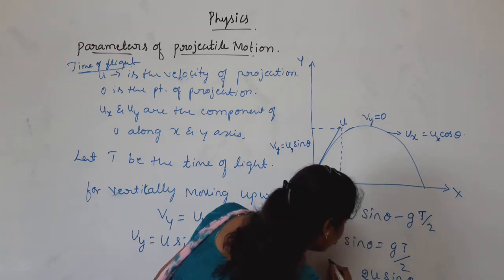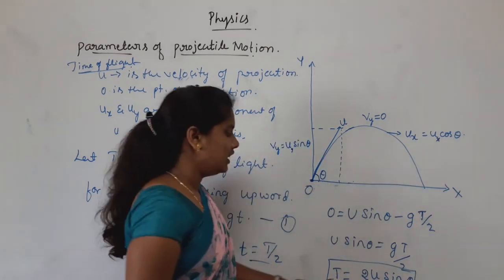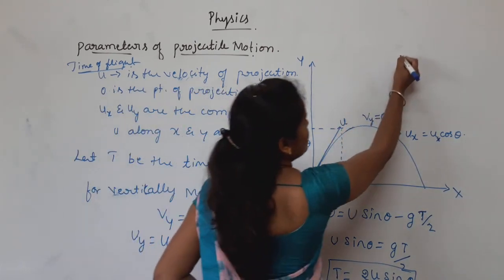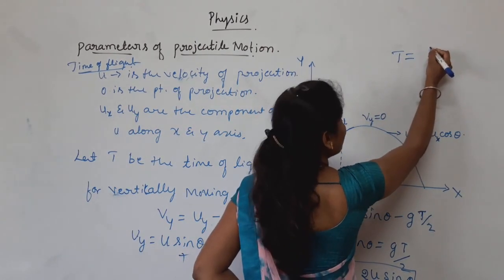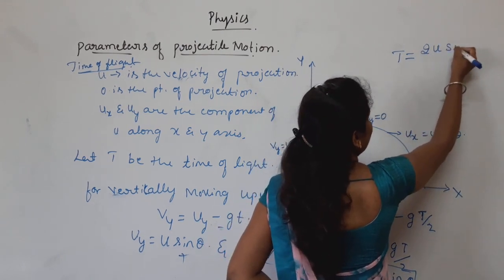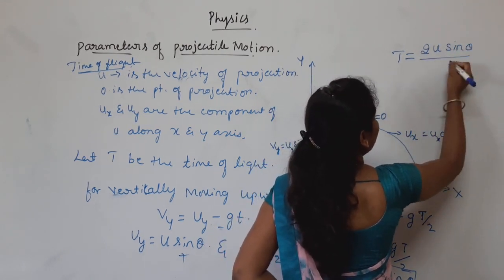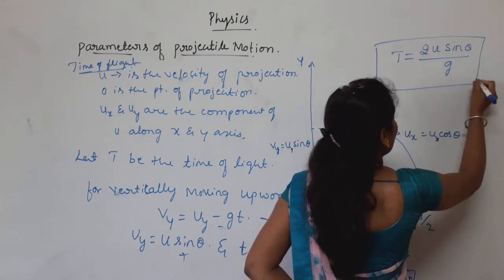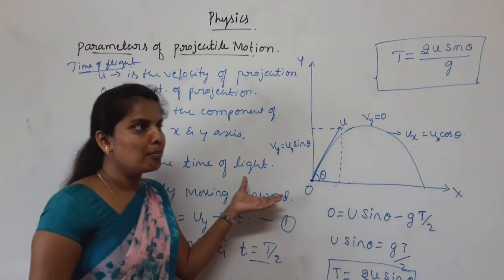So the time of flight is T equals 2U sin theta divided by g. This is the equation for the time of flight.